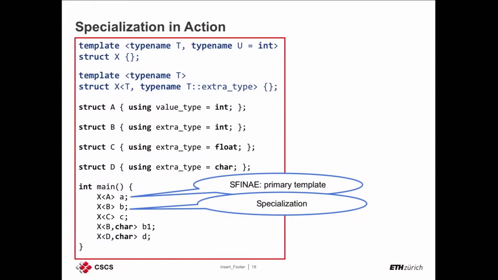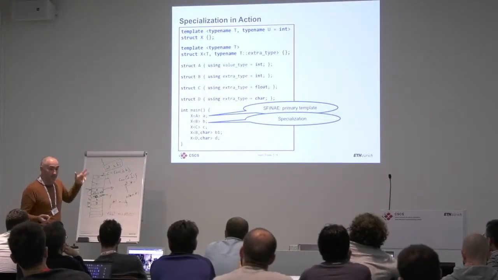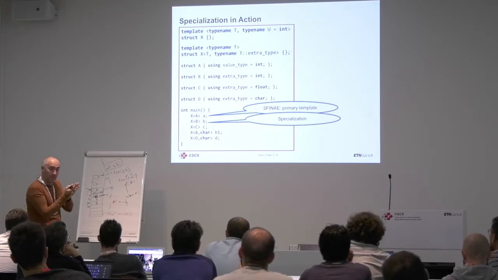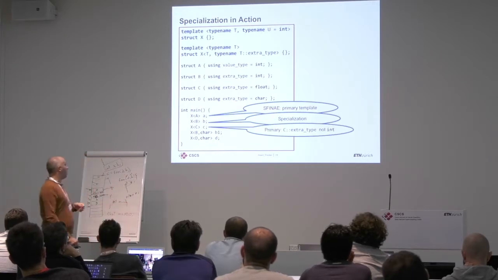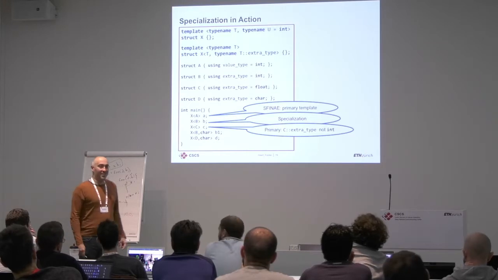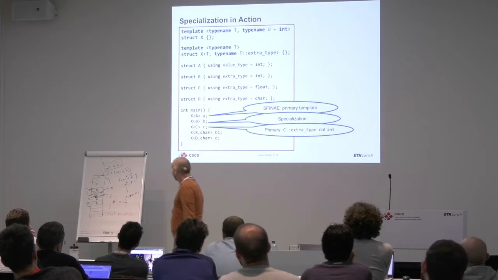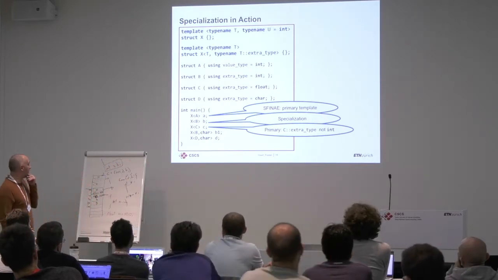Of course, as before, if you have the specialization that matches, T::extra_type is an int, T is B, and the primary template was B and int. So now I have a specialization that matches. It will prefer the specialization. It's tricky if you don't get it right.